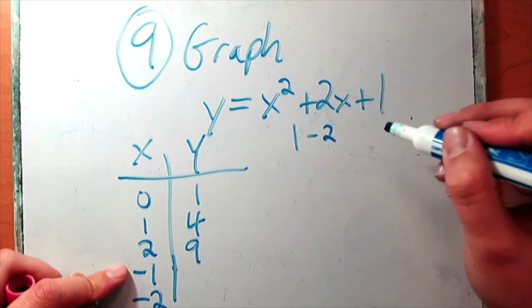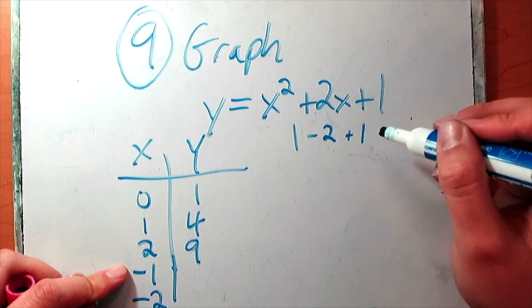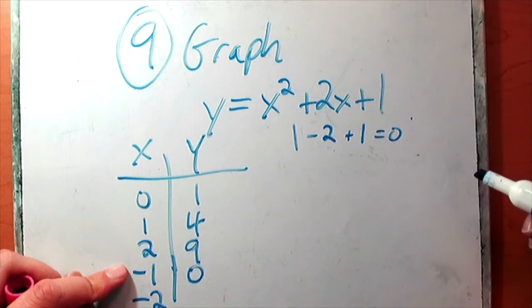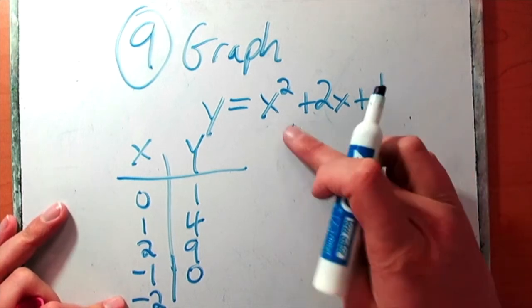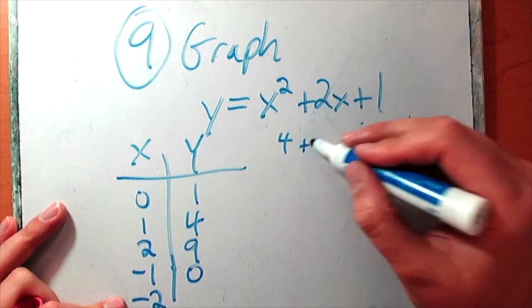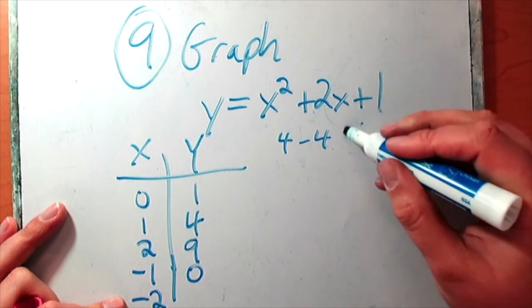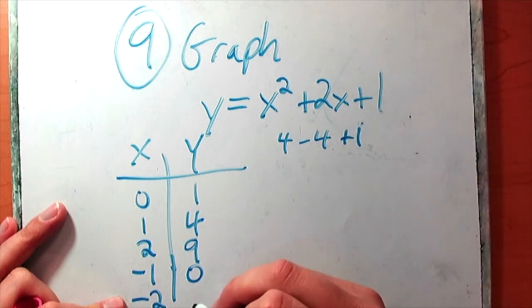This is 1, and this is 1. 1 minus 2 plus 1 equals 0. And then negative 2, so if we plug negative 2 in there, that becomes 4 minus 4 plus 1. 4 minus 4 plus 1 is 1.